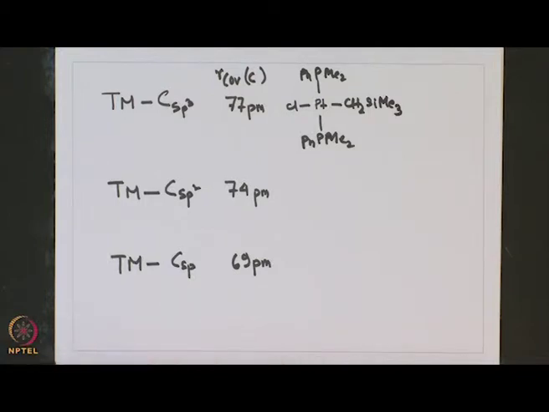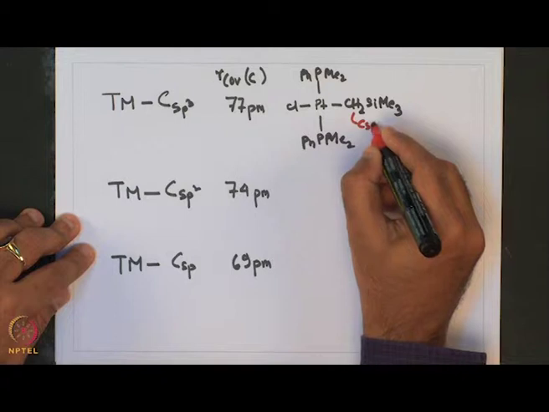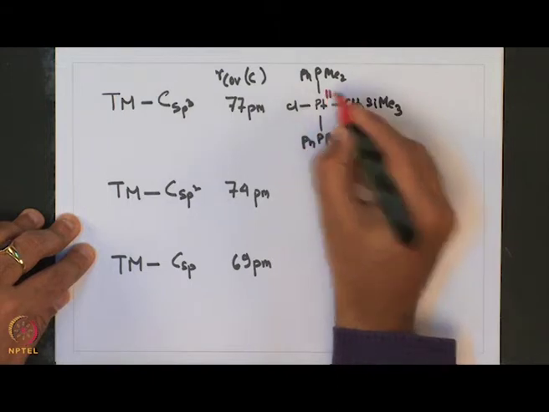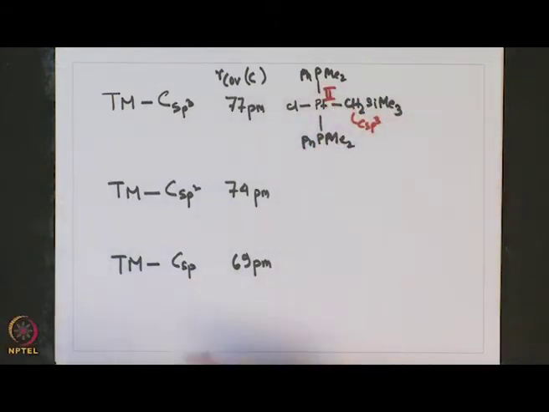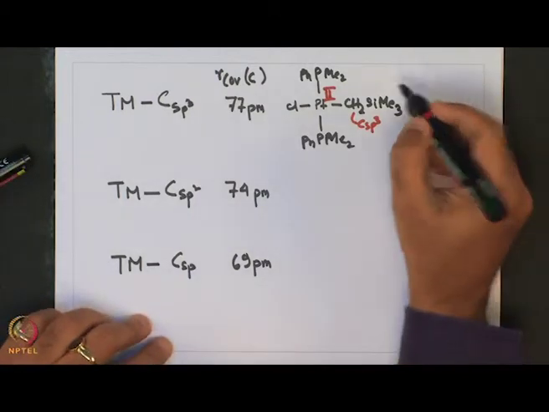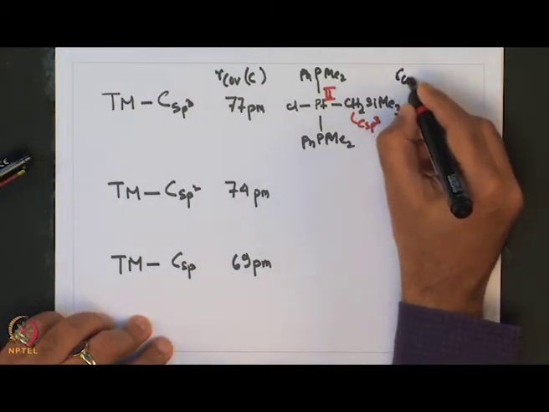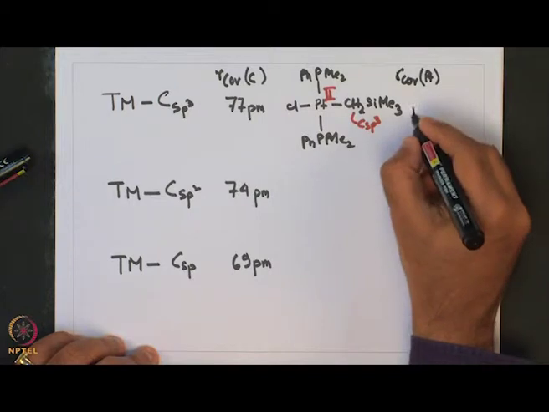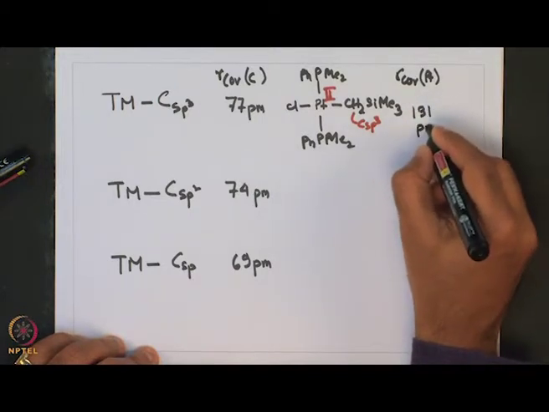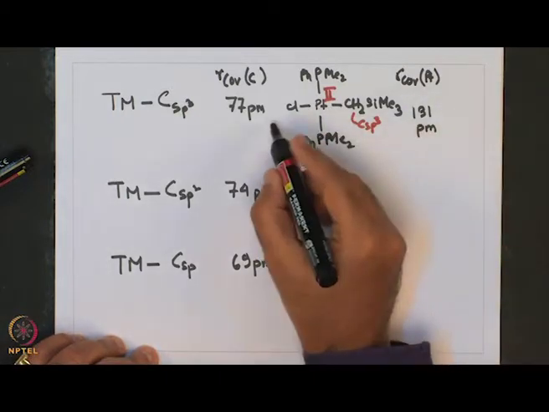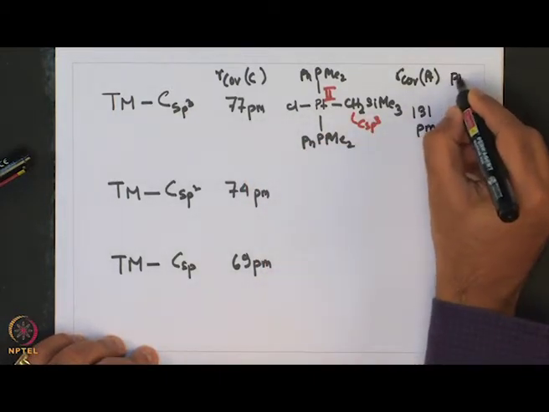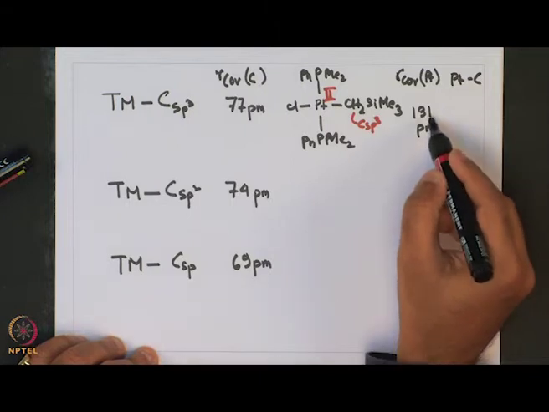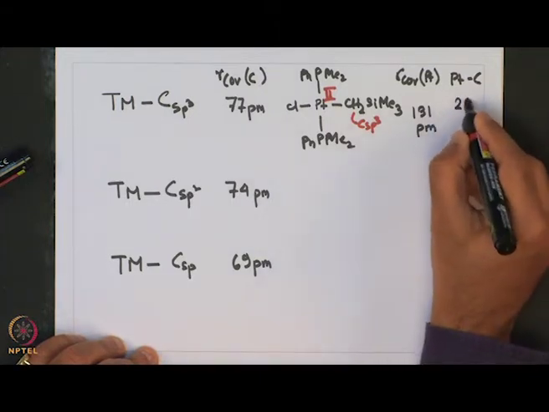So, this has an sp3 carbon and it has a platinum(II) center. Platinum(II) covalent radius is 131 picometer, and in this case the platinum carbon bond distance thus would be 208 picometer.